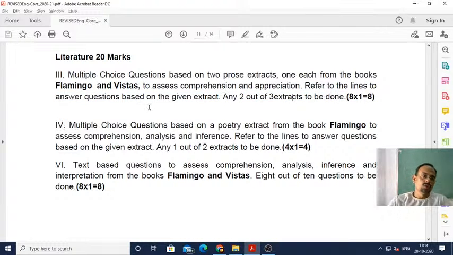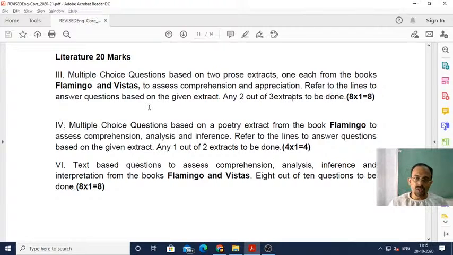So there will be multiple choice questions based on 2 prose extracts, one each from the books Flamingo and Vistas. One extract from Flamingo and another extract from Vistas will be given to you. Each extract will carry 4 marks.